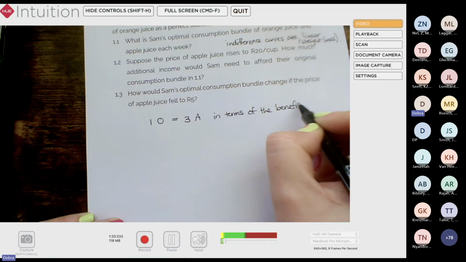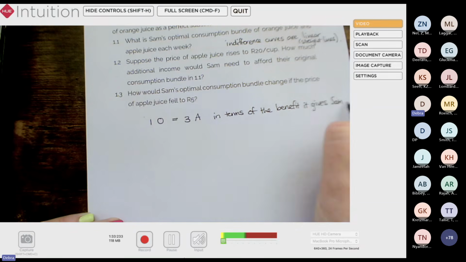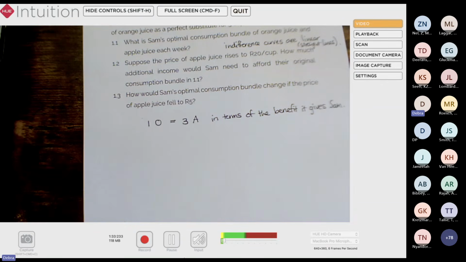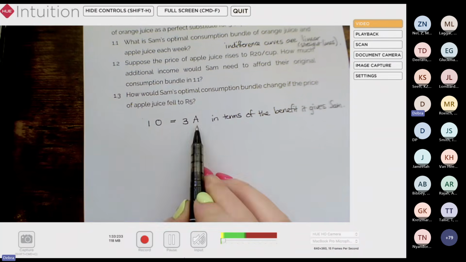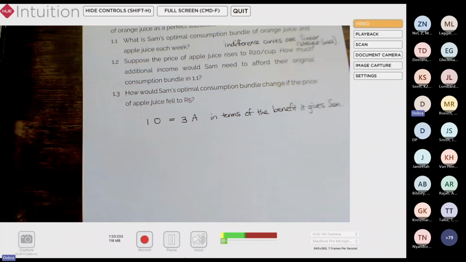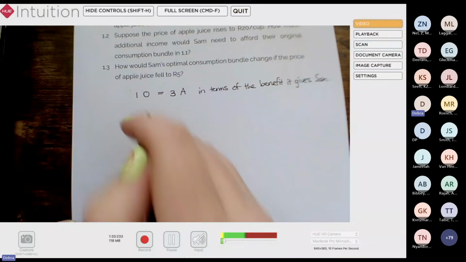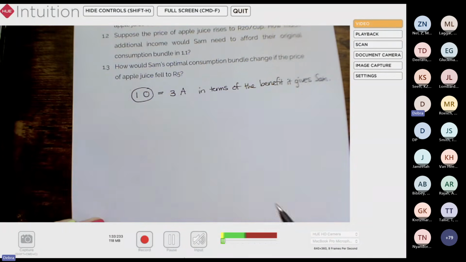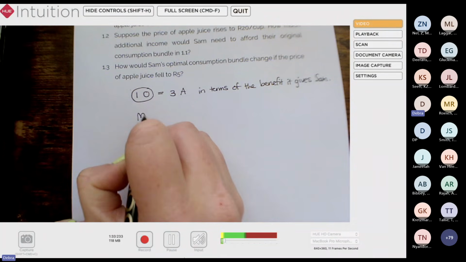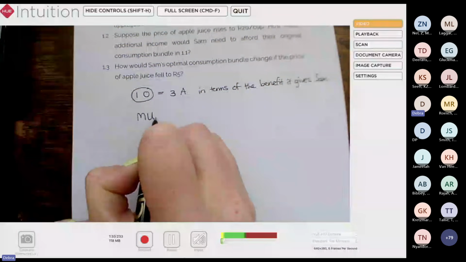So when Sam consumes a cup of orange juice, he's getting some utility from that. If instead of getting the utility he got from 1 cup of orange juice, he replaces that 1 cup of orange juice with 3 cups of apple juice, he's going to get exactly the same utility from those 3 cups of apple juice. That then tells me that when he consumes 1 cup of orange juice, he gets a certain amount of marginal utility from that cup of orange juice.